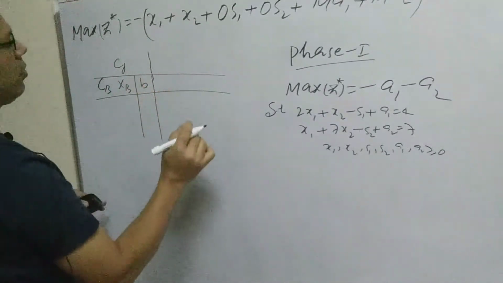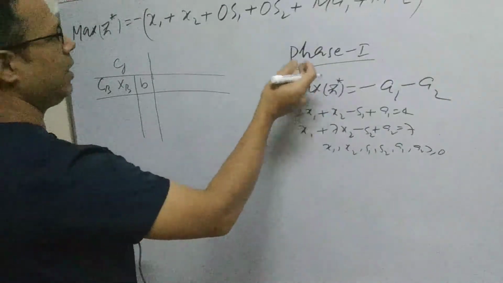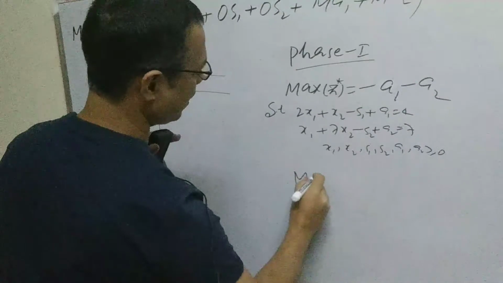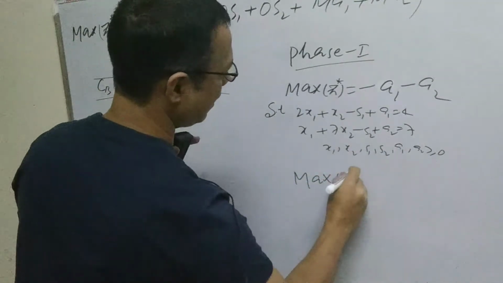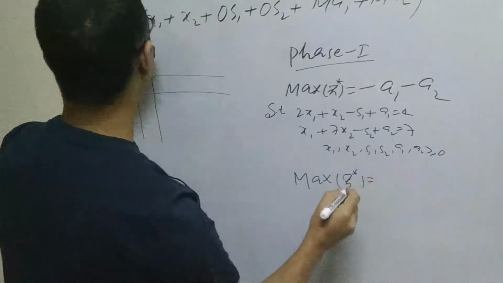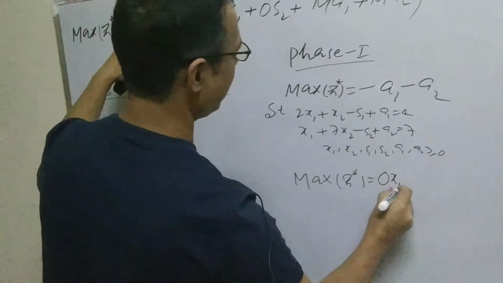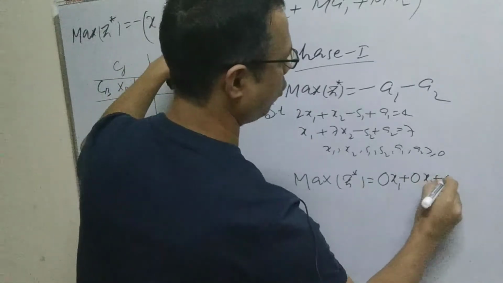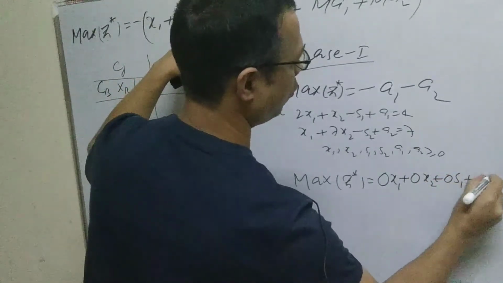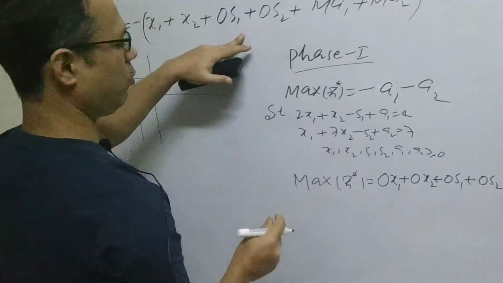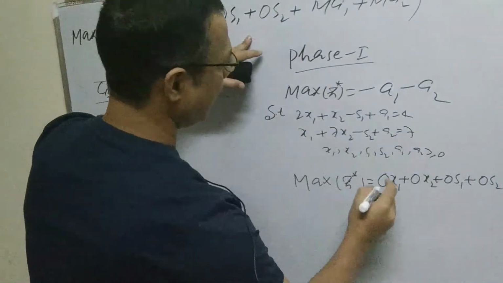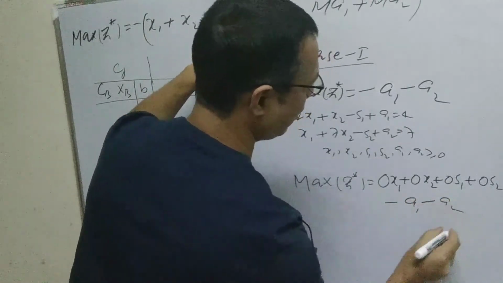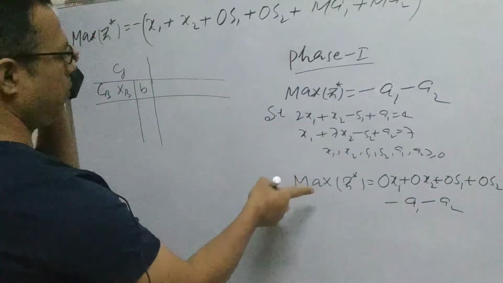Because we have made all these terms 0, we can write the objective function as z star is equal to 0 x1 plus 0 x2 plus 0 s1 plus 0 s2, minus a1 minus a2.